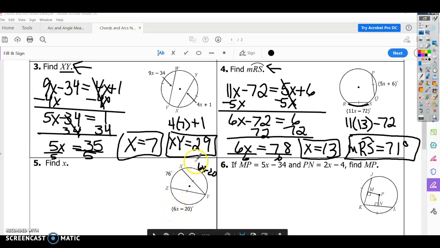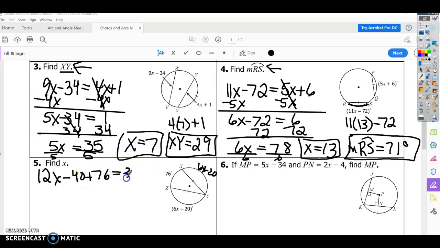So we've got 6 and 6, so we've got 12x. Minus 20 and minus 20 is minus 40, plus 76. And we know that equals 360 degrees. So now we just solve. 12x, negative 40 plus 76 is plus 36.